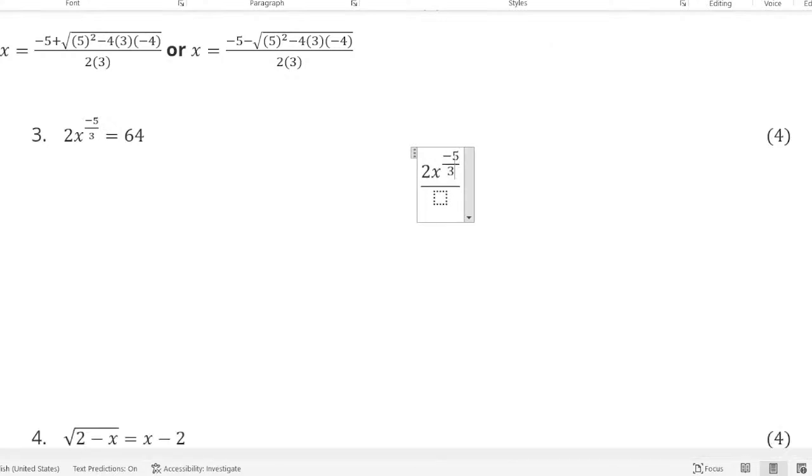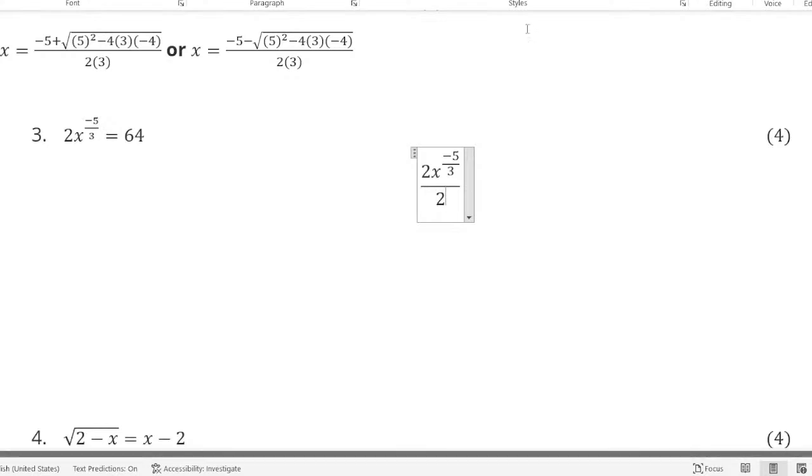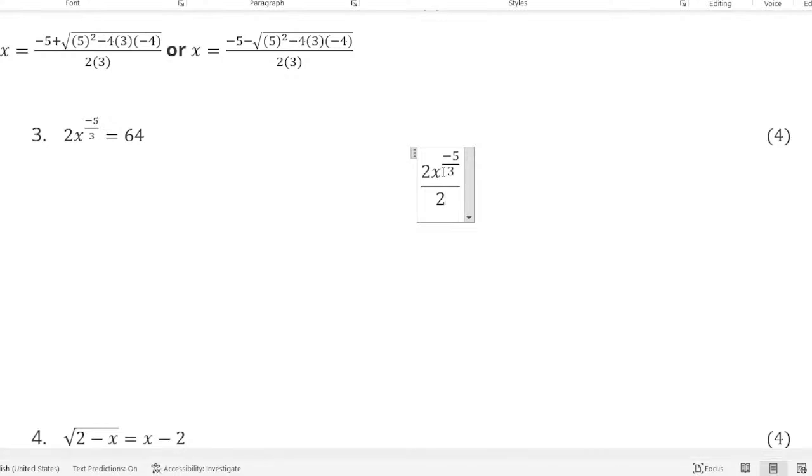Divide by 3 all over 2. The reason I say over 2 is because we want to eliminate this 2 that is on the numerator. So we're dividing by 2. So whatever you do on the left hand side, you must always do on the right hand side. So that is a mathematical law, so that you don't change the original equation. So it's going to be equals to 64.